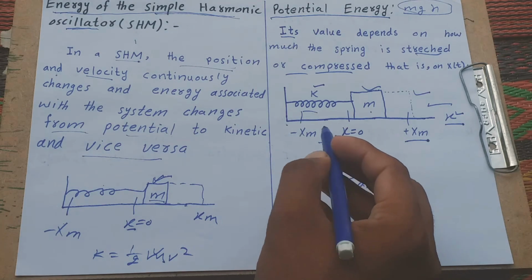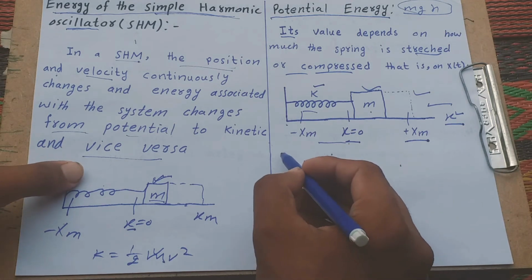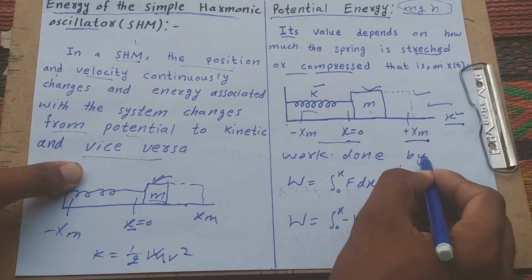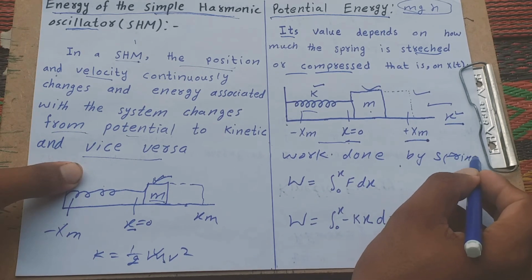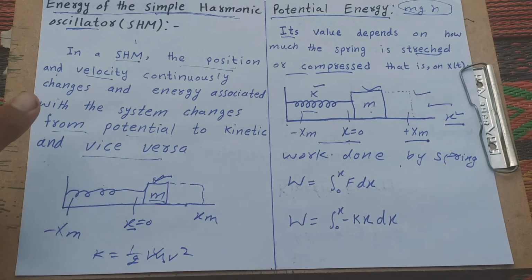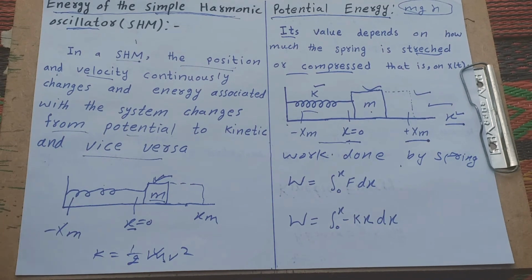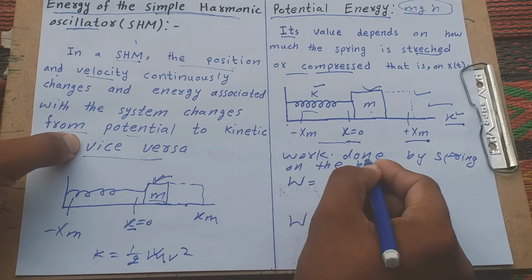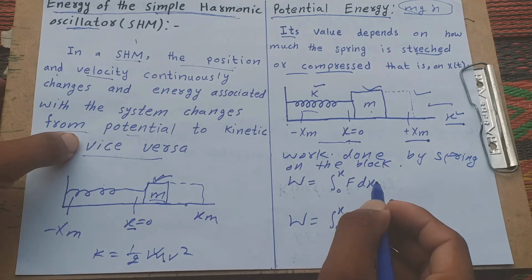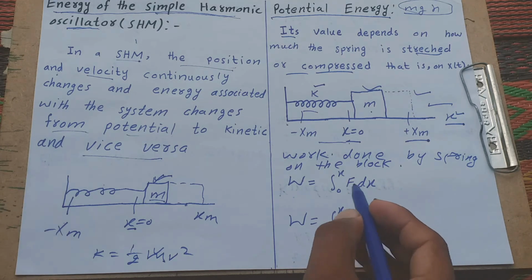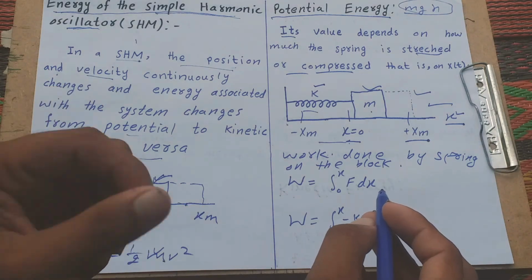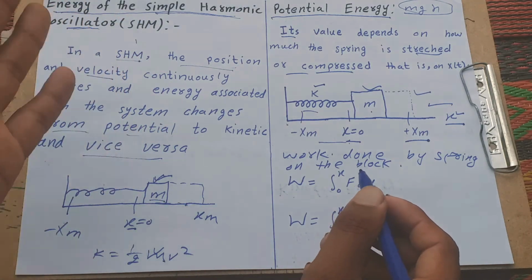First, to understand the work done by the spring on the block: first we find the work done on the block, then we obtain the potential energy.